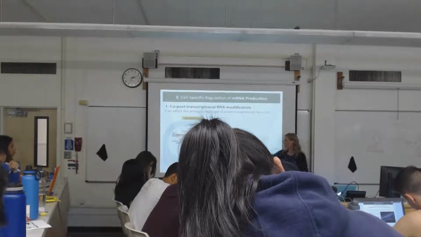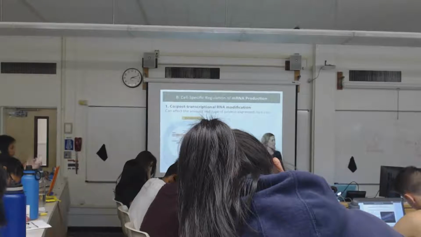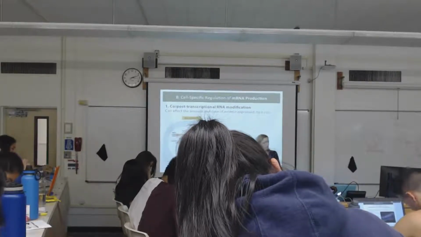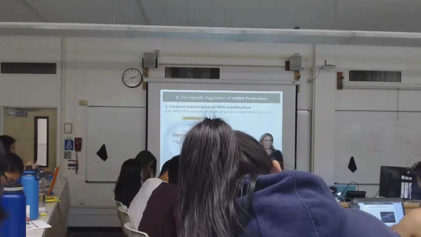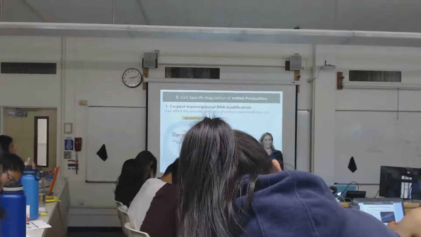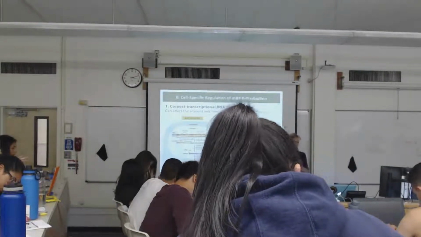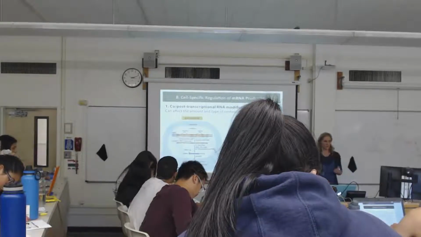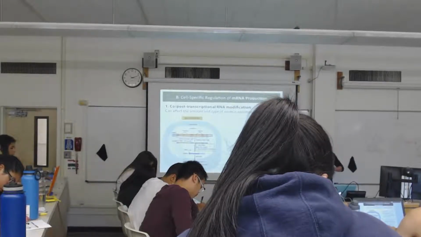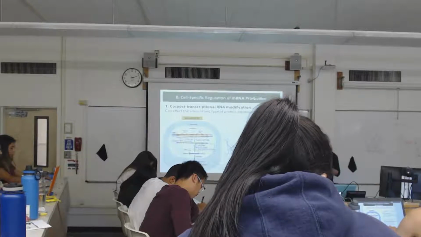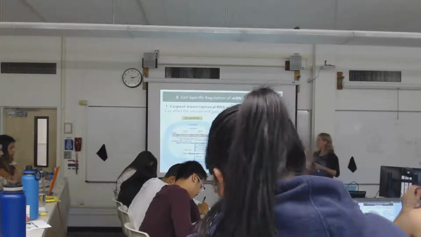And then the poly-A tail, that's the last thing that happens. It's at the 3' end, and the addition of the poly-A tail is actually what terminates transcription. Okay. So those are the modifications that we're going to go into detail on right now.